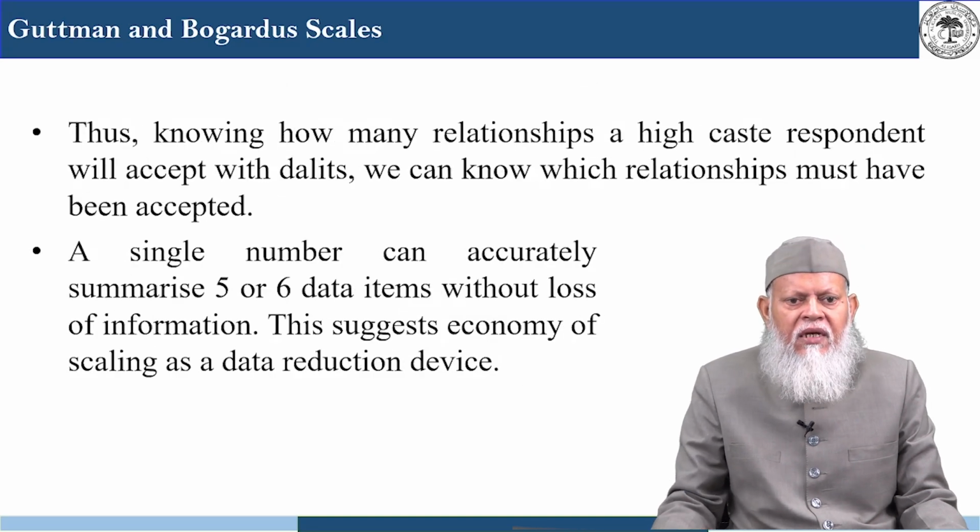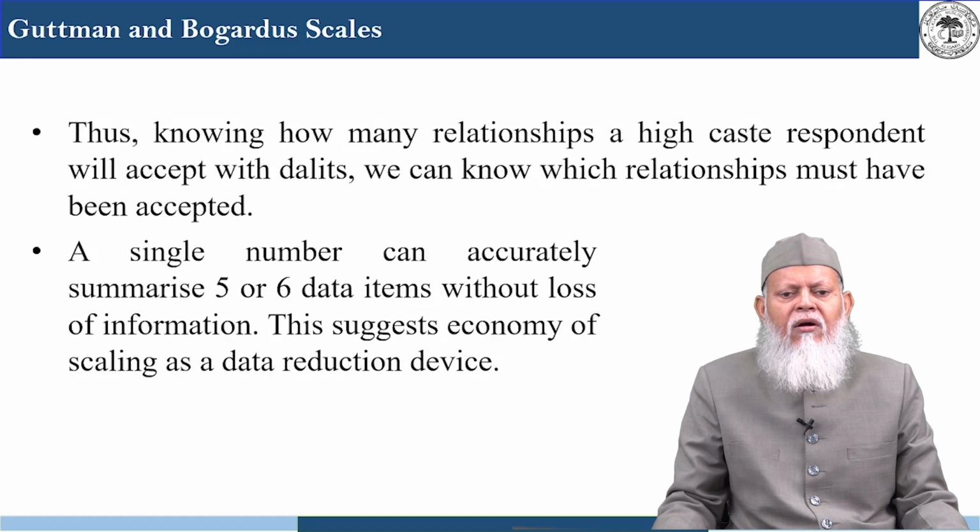Thus, knowing how many relationships a high caste respondent will accept with Dalits, we can know which relationships must have been accepted. That is very clear from the data that we gather.